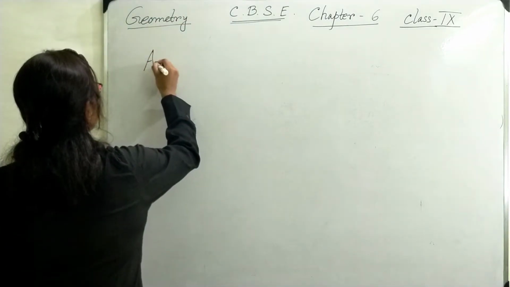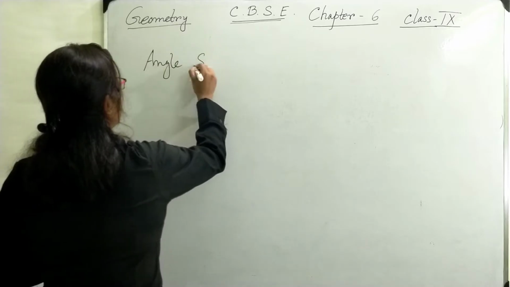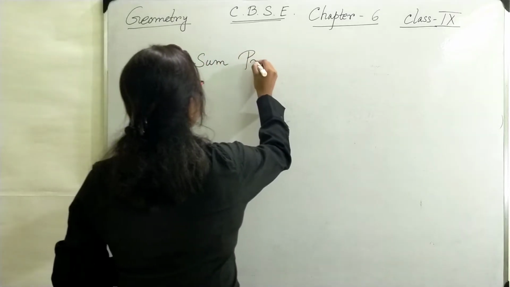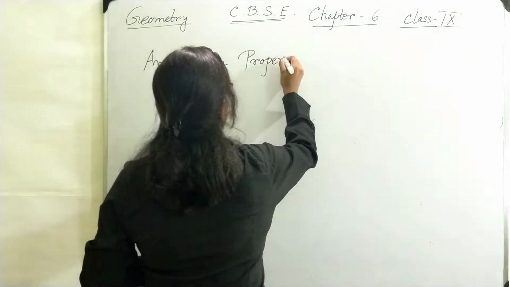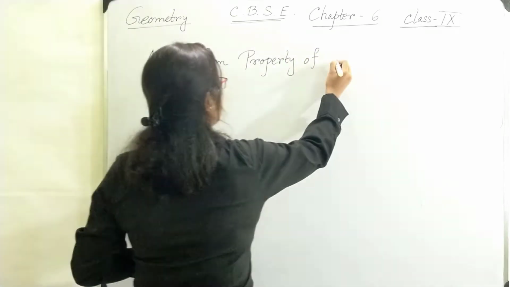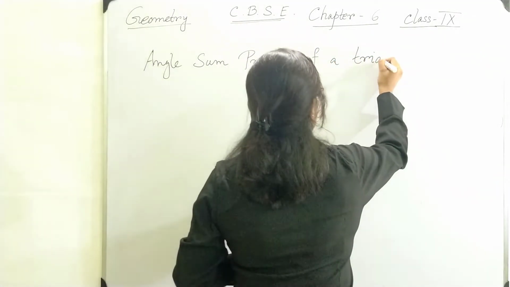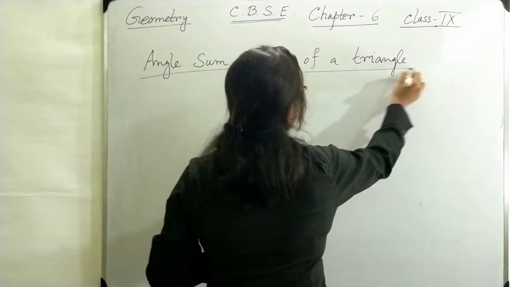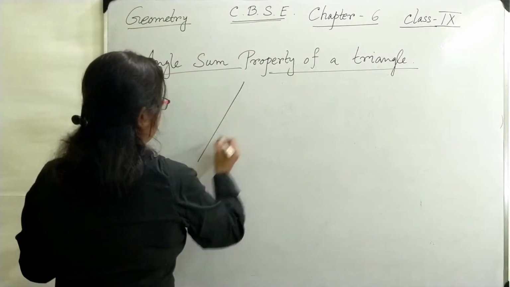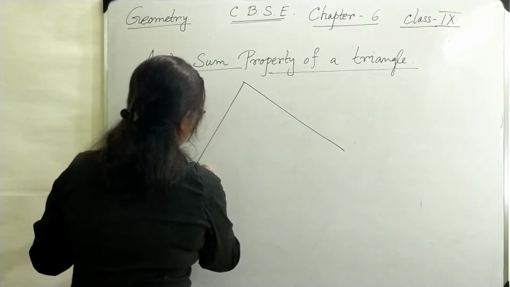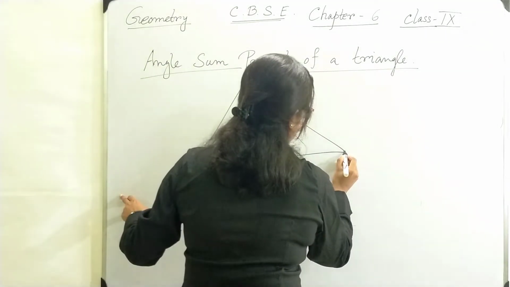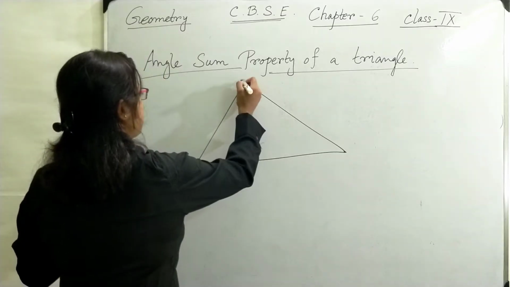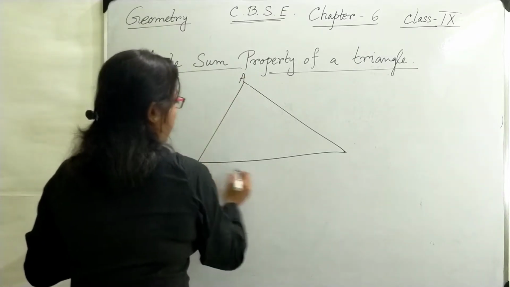Now, angle sum property of a triangle. This is a very important point, the very basic thing of a triangle. The geometric figure which has 3 sides is known as a triangle.